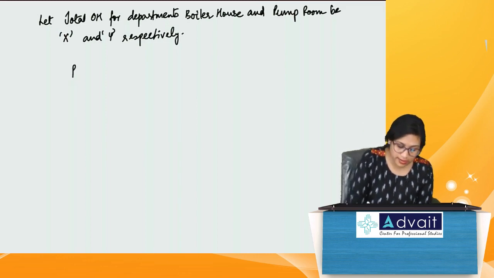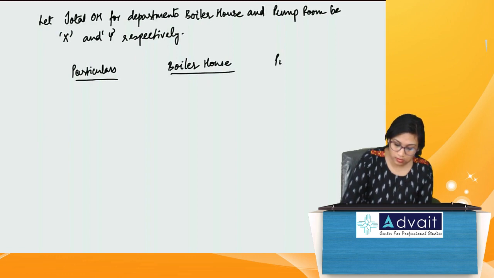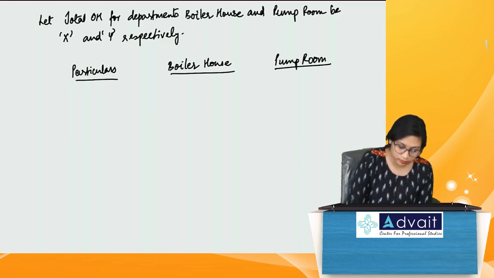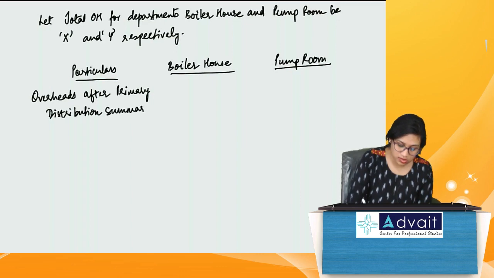So let's write particulars: boiler house, pump room. So overheads after primary distribution summary.